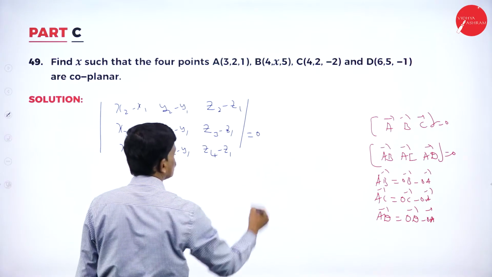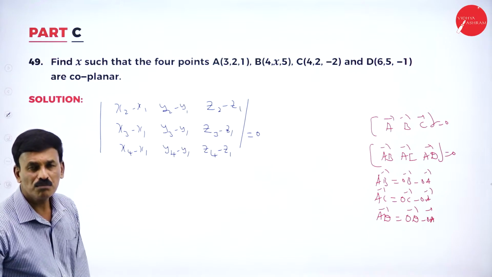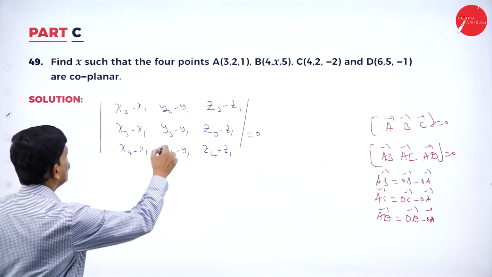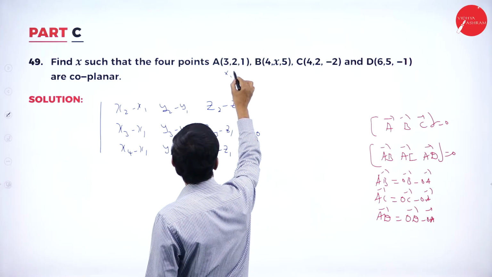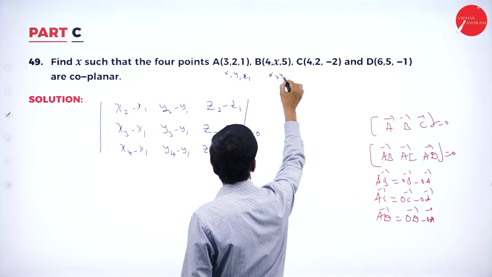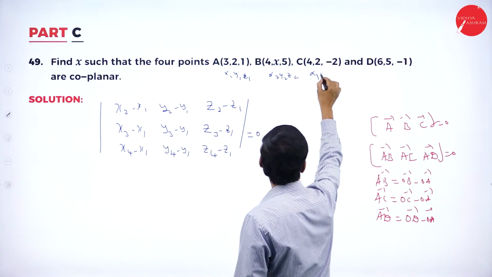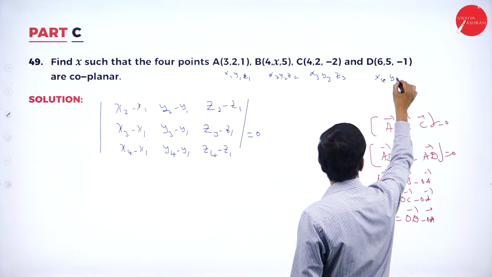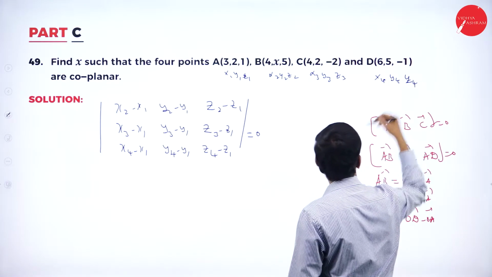If this determinant is equal to 0, then the points A, B, C, D are coplanar. Now here let us consider this as x1, y1, z1 and this is x2, y2, z2, x3, y3, z3 and x4, y4, z4. That's it.